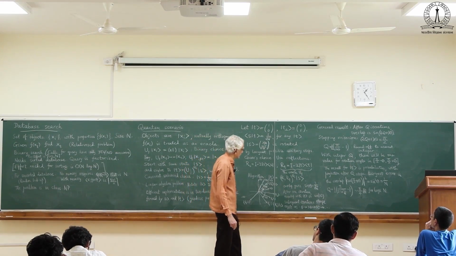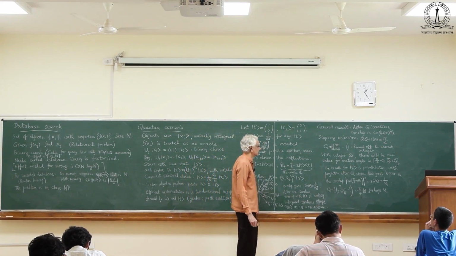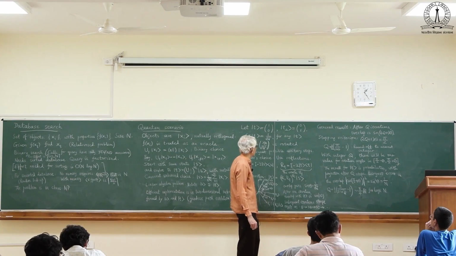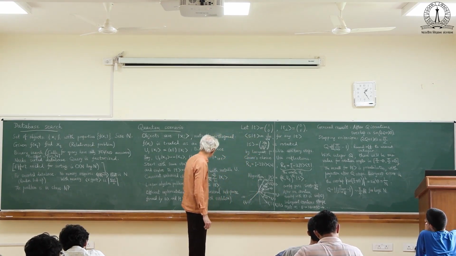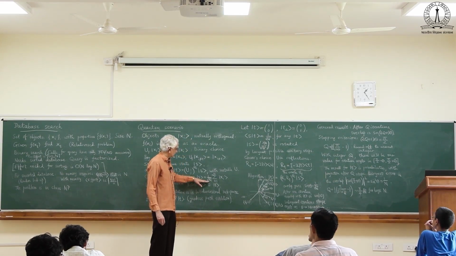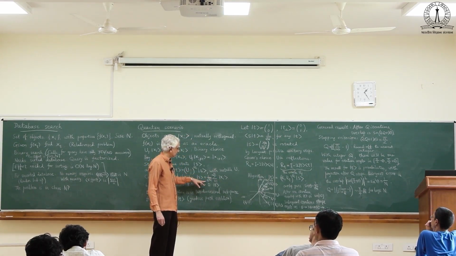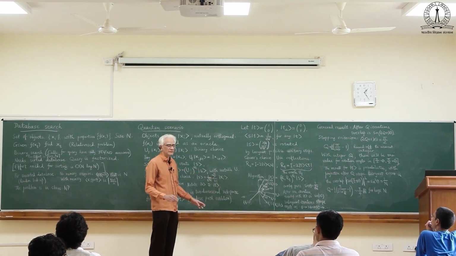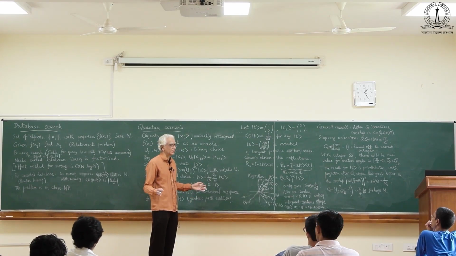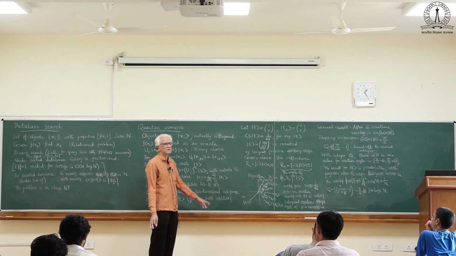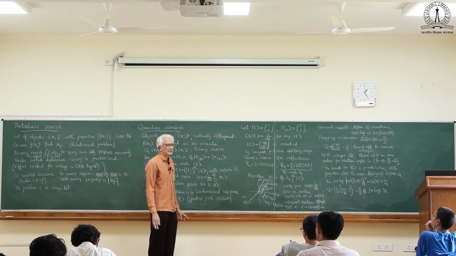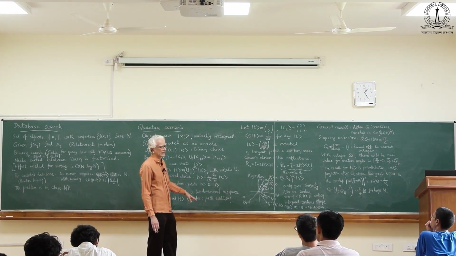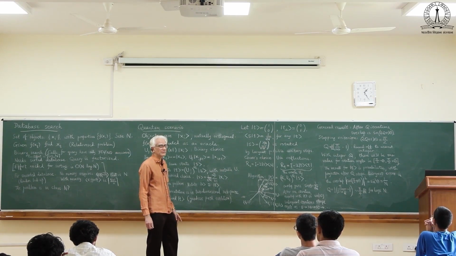As a matter of fact, sorting is not necessary. Why? Because you started with an initial state which was a uniform superposition. Sorting will just rearrange this sum, but the addition is commutative. You rearrange in any particular manner, this definition is not going to change. So this algorithm doesn't care about whether sorting is available or not.